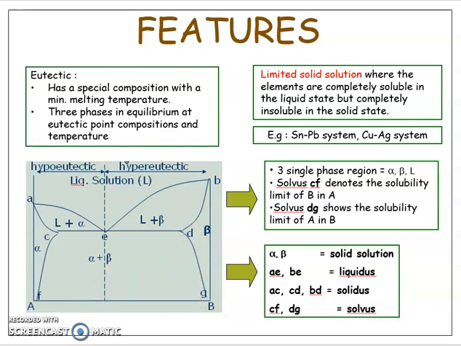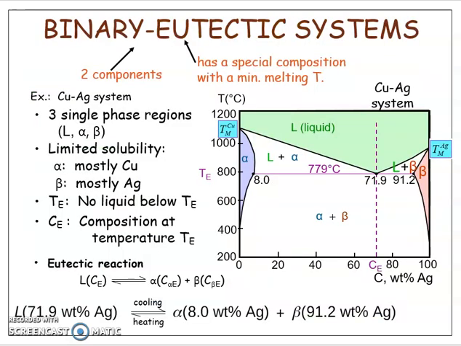So here we want to know about the binary eutectic system. When we call it binary, it has two components. Eutectic means that it has a special composition that has the minimum melting temperature. Here you can see the eutectic point, where they have a minimum melting temperature.